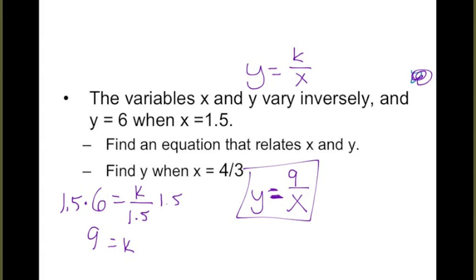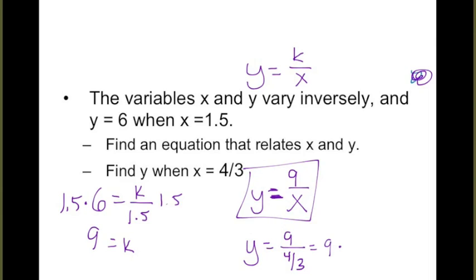And the second part says find y when x is equal to 4/3. You can plug this in the calculator if you do it carefully and make sure you put parentheses around 4/3. But this whole chapter is going to be about fractions. So remembering how to work with fractions might actually be a good idea here to work with numbers before we start throwing letters into our fractions. So how do I divide by 4/3?